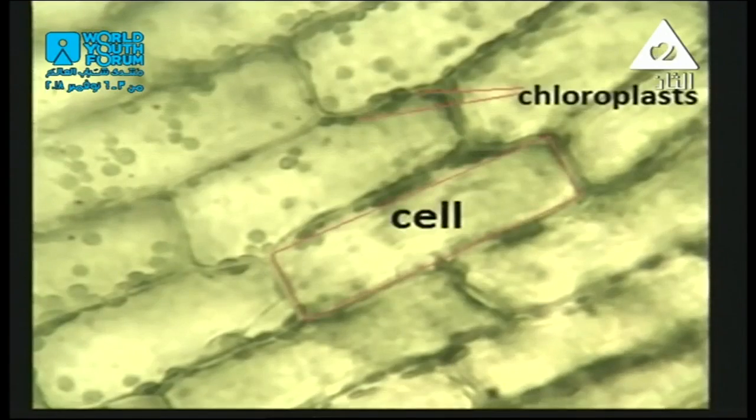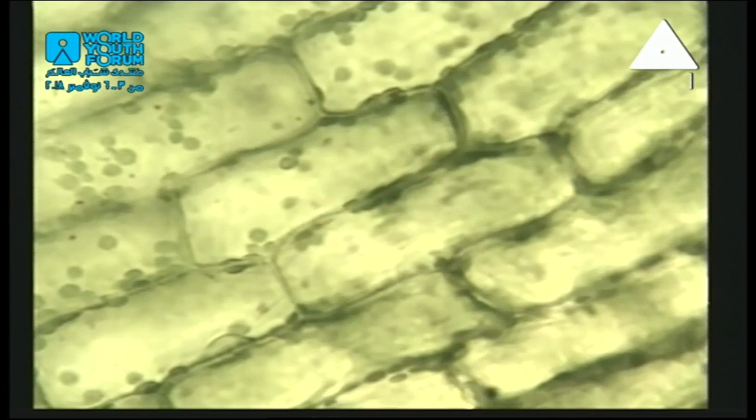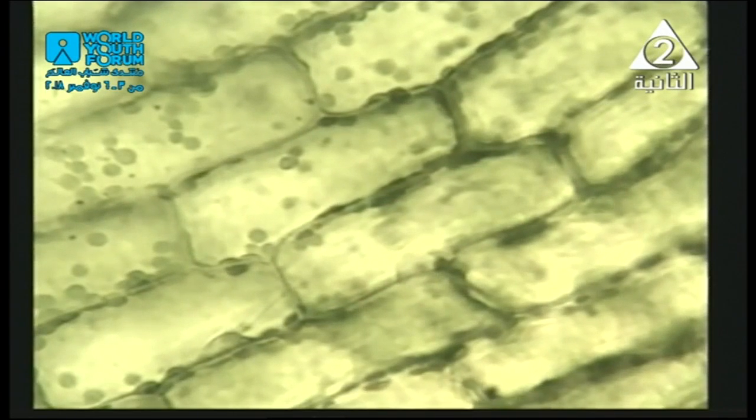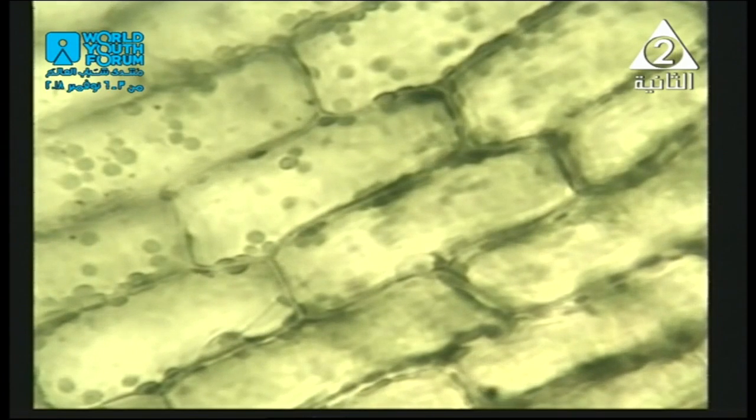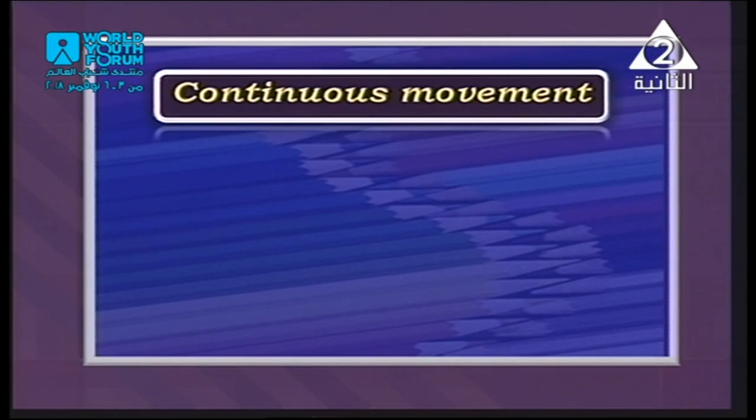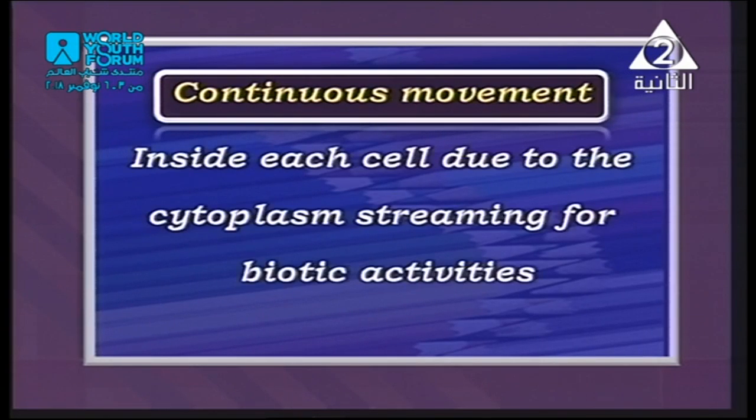I hope you got the meaning of cytoplasmic streaming. So the first type of movement is continuous movement inside all different types of cells, like cytoplasmic streaming as shown in the video.